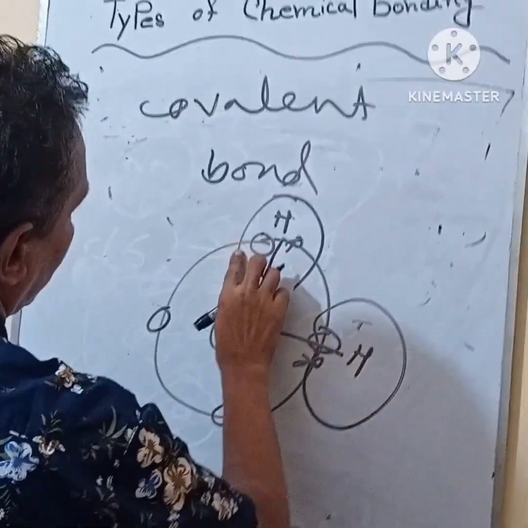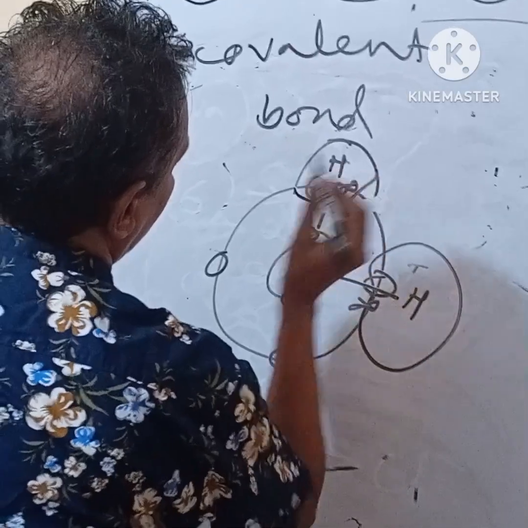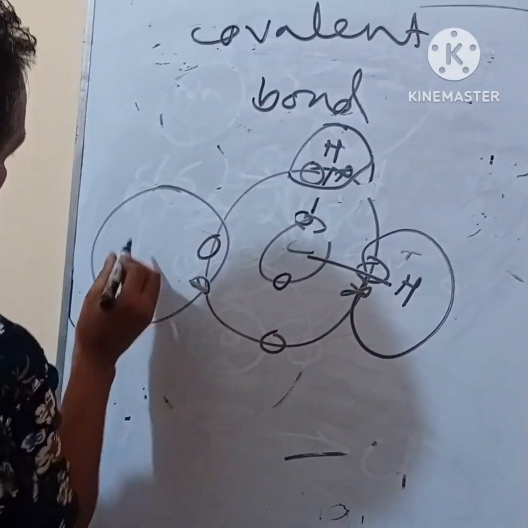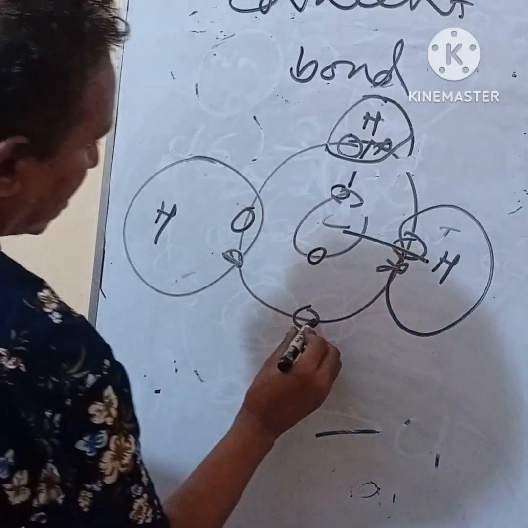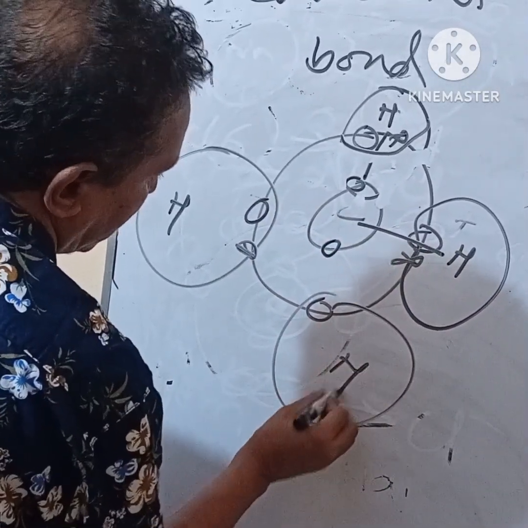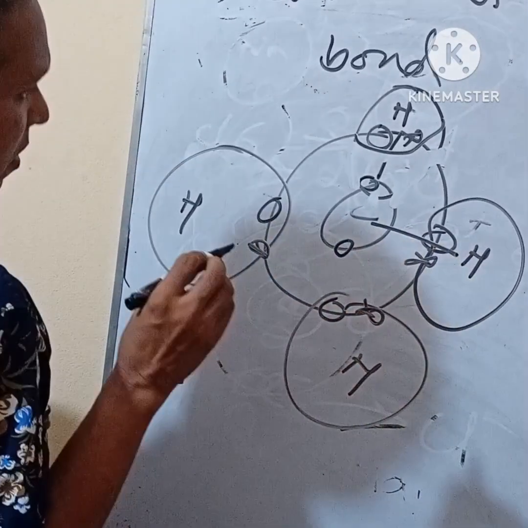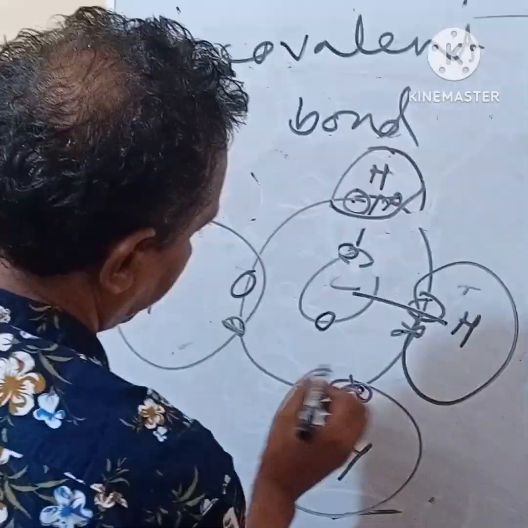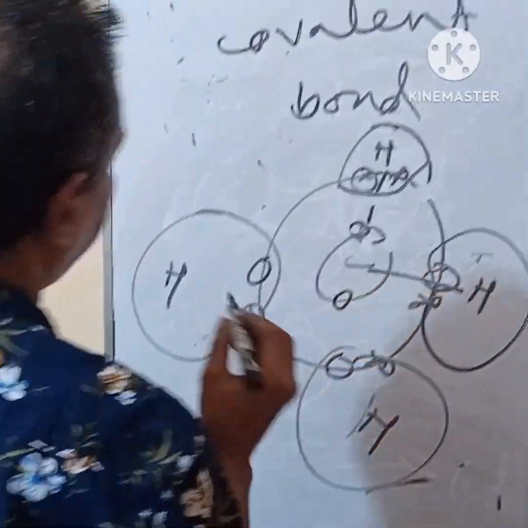Carbon hydrogen bond. 1 electron, just shared to make the octet rule. 1, 2, 3, 4, 5, 6, 7, 8, octet.